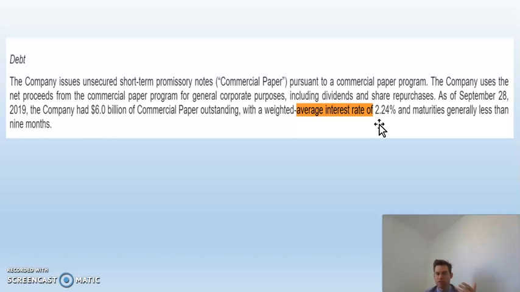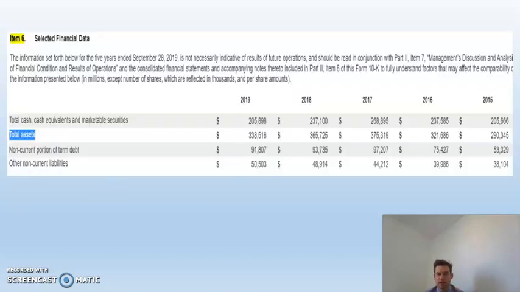It's important to be selective in the businesses that you invest in. Moving on. In the case of Apple, just quickly look at selected financial data and you can see that the assets are not really growing significantly over the last several years.